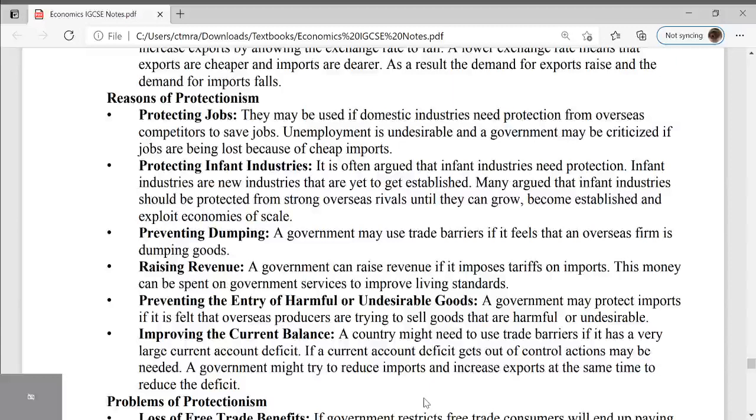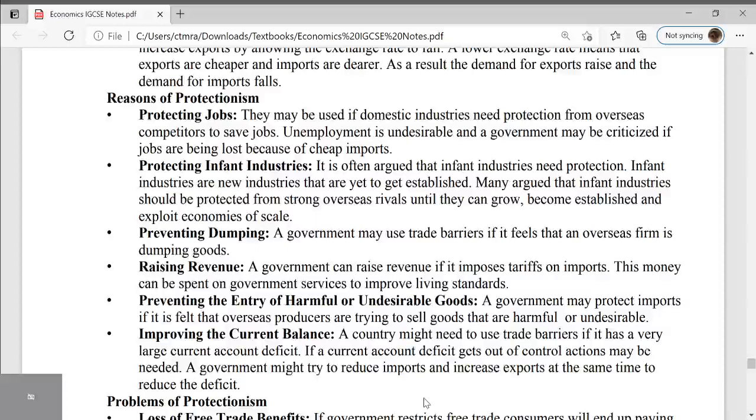Suppose it can be illegal goods or like illegal drugs and stuff. The government needs to protect the country from the entrance of this kind of undesirable or harmful goods. Then next is improving the current balance.